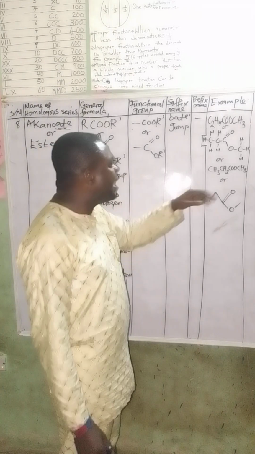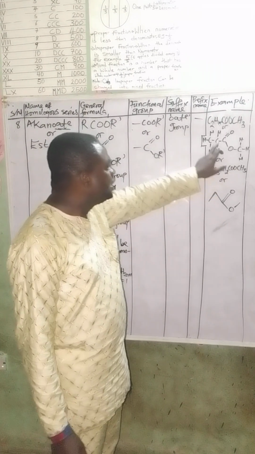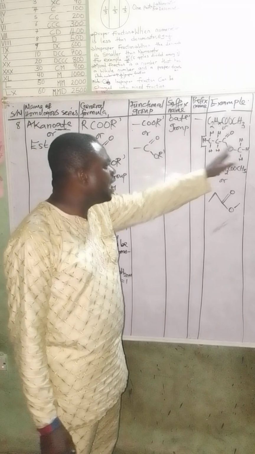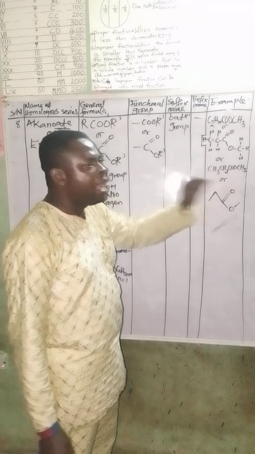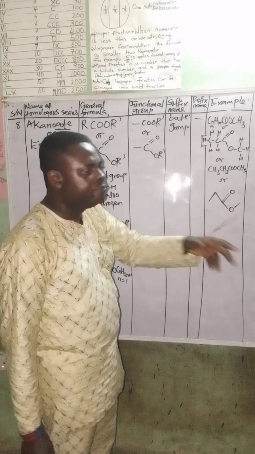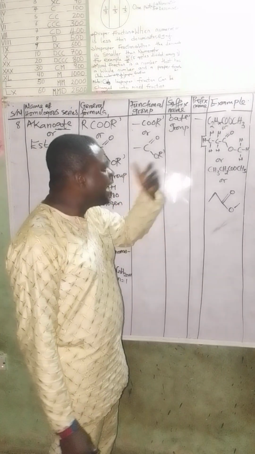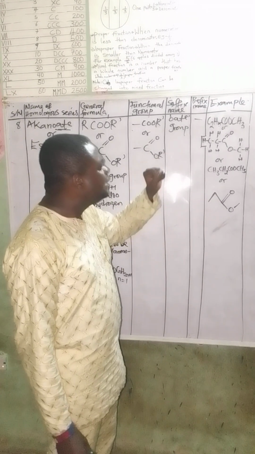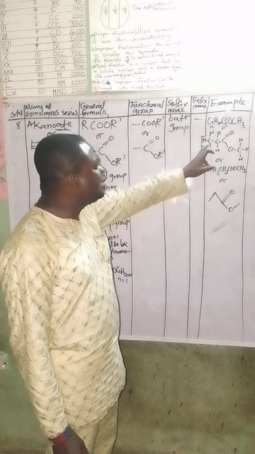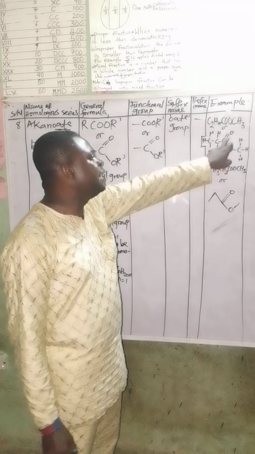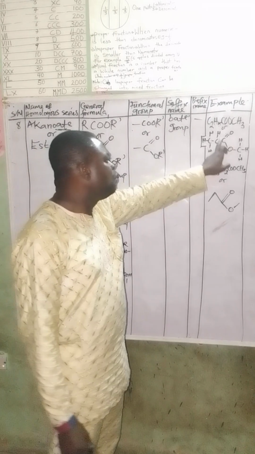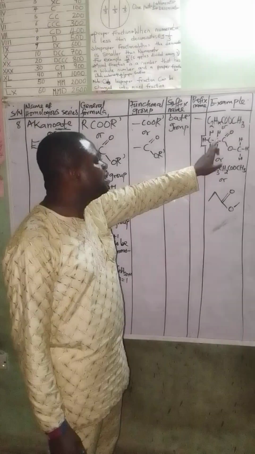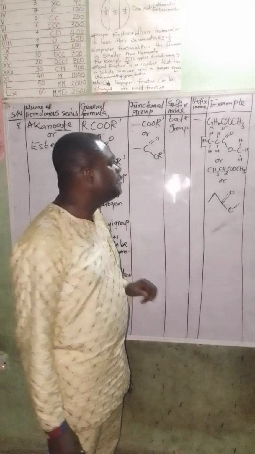Now, identify that this is methyl, this is ethyl. Now, identify which of this one and this one is alkyl group and which one is alkyl prime. The alkyl group is the one that is joined to the carbon bearing the double bond to oxygen without any oxygen bridge between it.